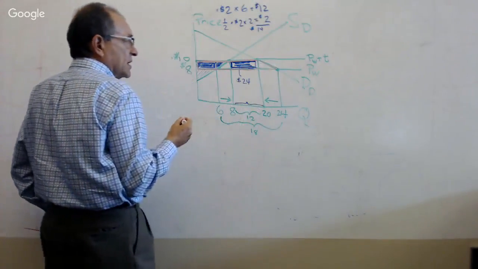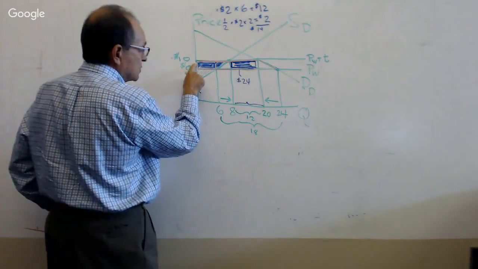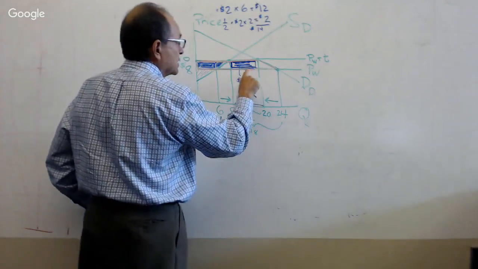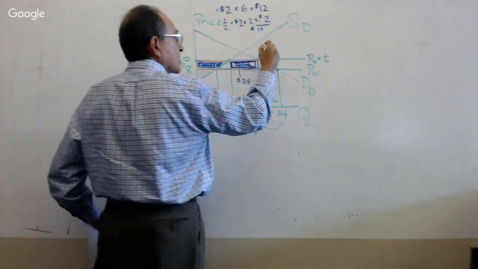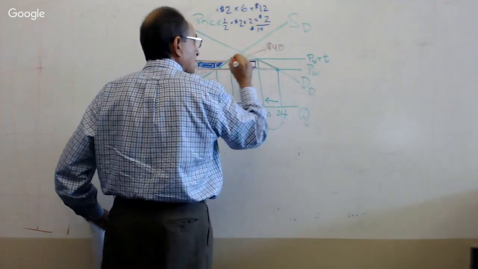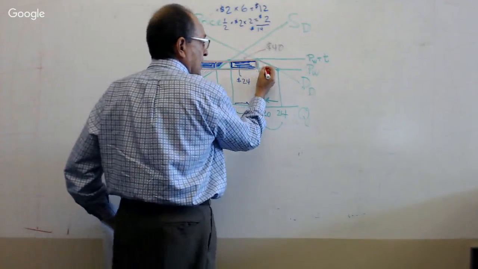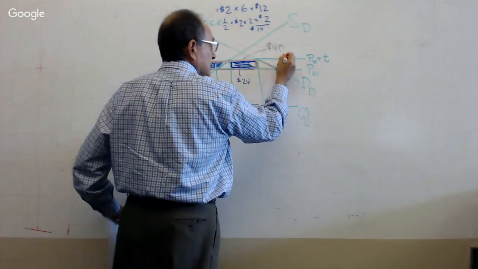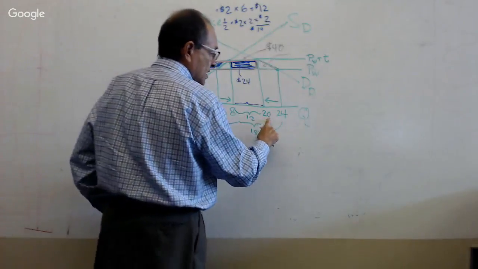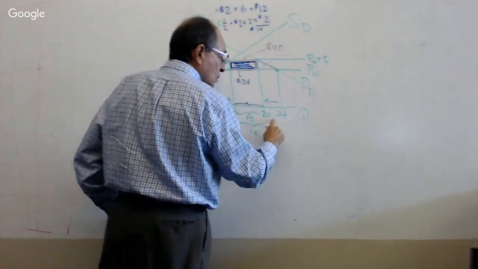So let's calculate the dollar amounts involved. The height of this is $2 and the width is 20. So this rectangle here is $40. So this rectangle in red is $40. Now we have to add in this portion, which is of course 1/2 the height times the width. The height is $2 and the width is $4.